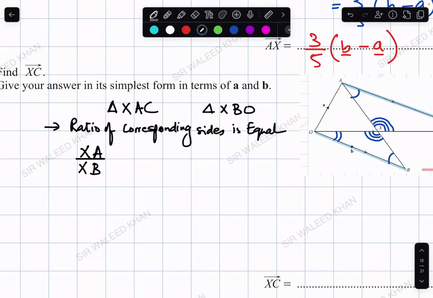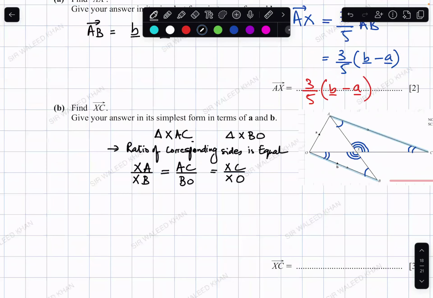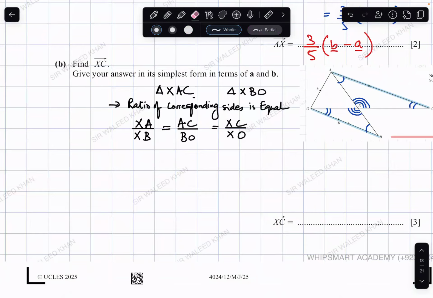These are corresponding sides. इनका ratio equal है, right? The ratio will be equal AC over BO, XC over XO. For those who don't know how to pair them, you select the first two from this, first two from the second one, second two, first and last, right? If you can figure out the name of it.